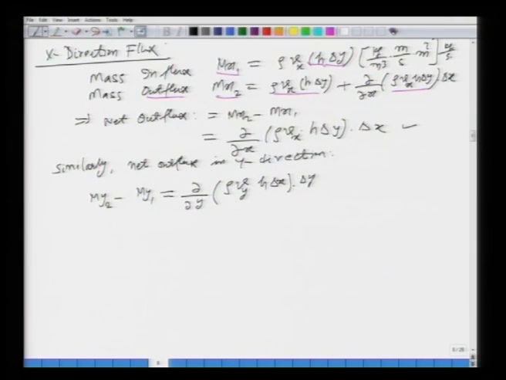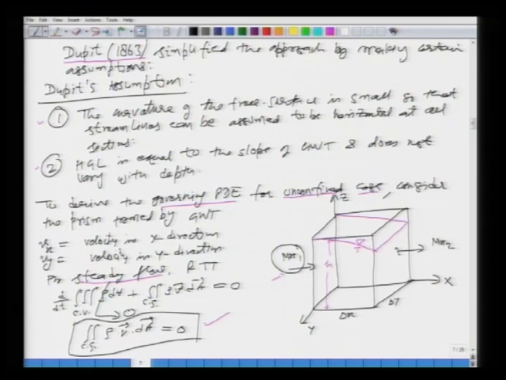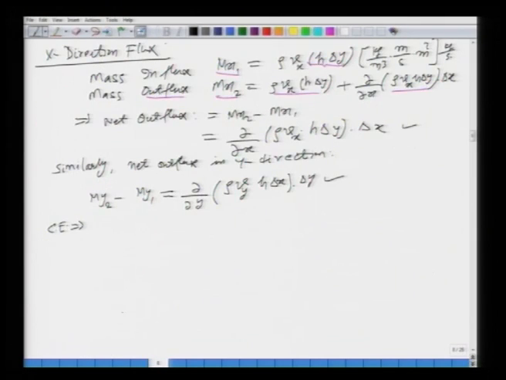So, this is your x direction flux and this is the y direction flux, all right. The continuity equation tells us what? This one, the double integral over the control surface of rho v dot dA is equal to 0. Okay. So, that would basically mean that the sum of these two quantities should be equal to 0.